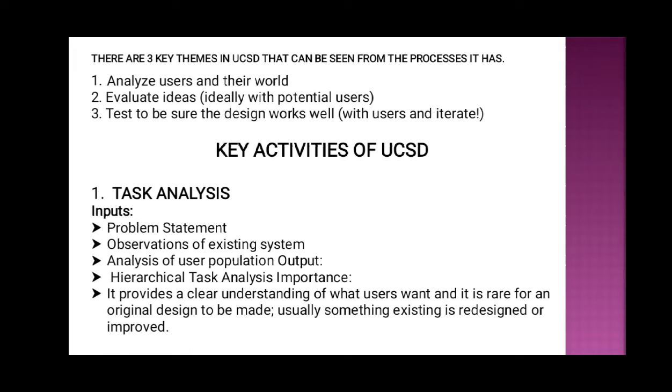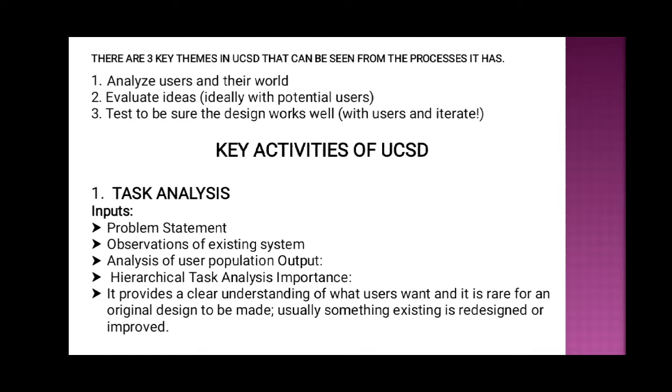There are three key terms in UCSD that can be seen from the process it has. Number 1. Analyze users and their world. Number 2. Evaluate ideas. Number 3. Test to be sure the design works well. Key activities of UCSD: task analysis.